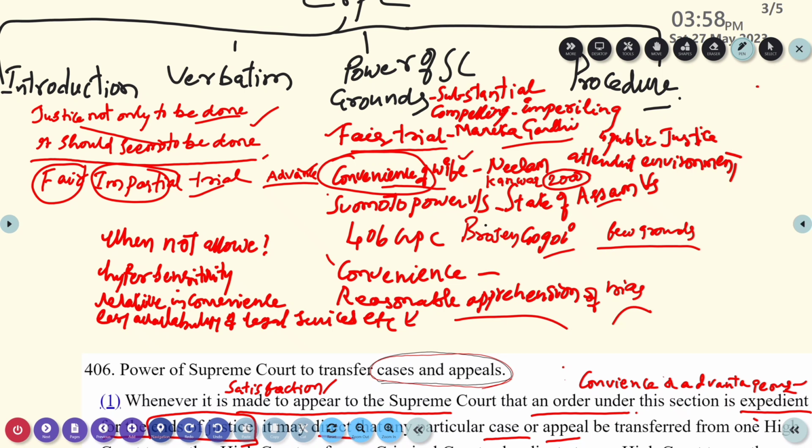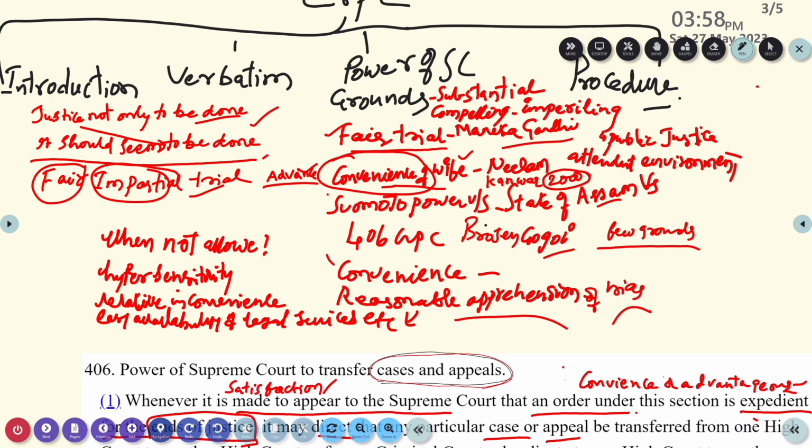Suppose the state is acting against a person apparently, prosecuting agency or state machinery, creating a reasonable apprehension in the mind of the petitioner or co-accused, then it may be transferred. It happened in the Jayendra Saraswati case.